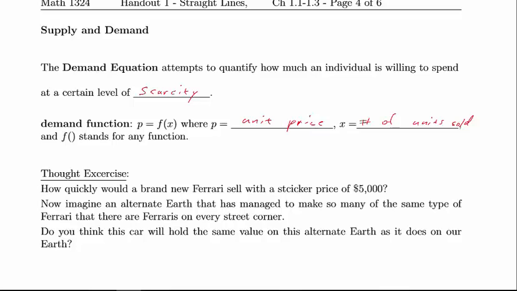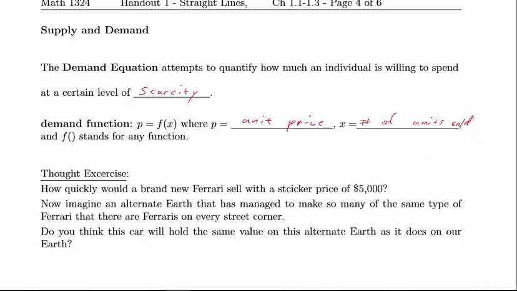So demand function, where we have P, and P stands for the unit price. And notice that this is a function of x. We will be using linear functions to model, but like I said, there are other, more sophisticated functions, but we're just sticking with linear for now. And our x variable here, x stands for the number of units sold, or number of units available, should we say.